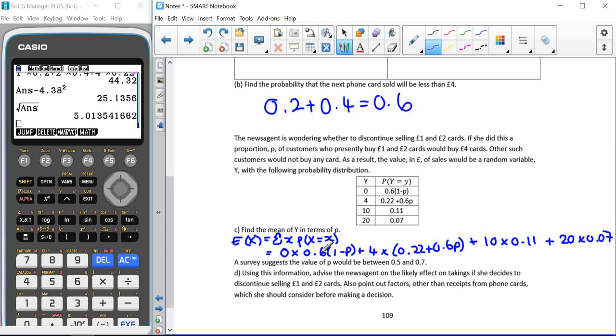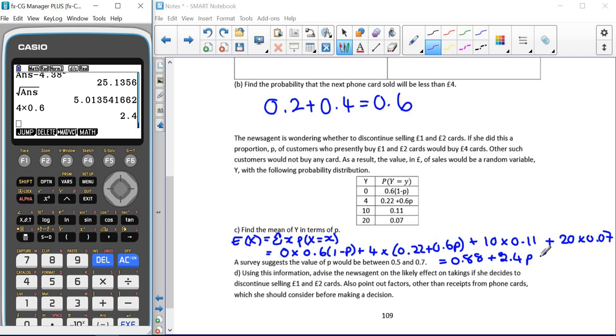Obviously the 0 times 0.6 times (1 minus P) is going to give us nothing, because 0 times anything gives us 0. From this part here, we're going to have 4 times 0.22, which gives us 0.88. We're going to have 4 times 0.6P, that gives us 2.4P. Plus 10 times 0.11, which gives us 1.1.